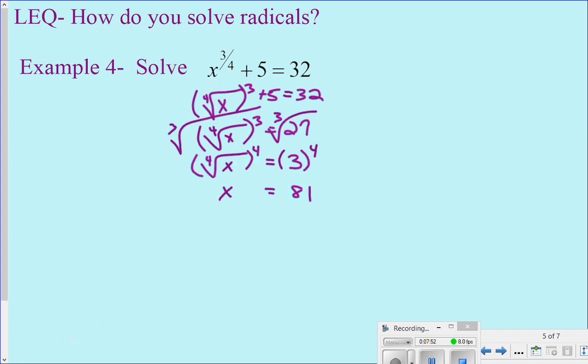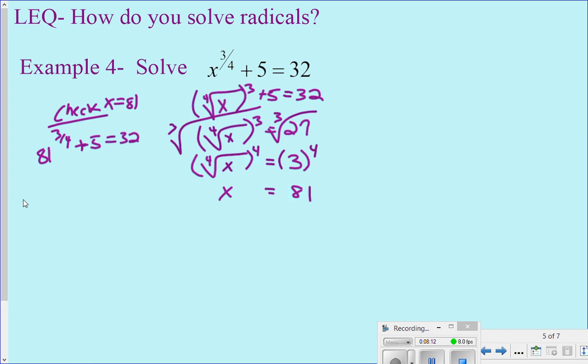So I'm going to check that. So we're checking x equals 81. So we have 81 to the 3/4 plus 5 should equal 32.